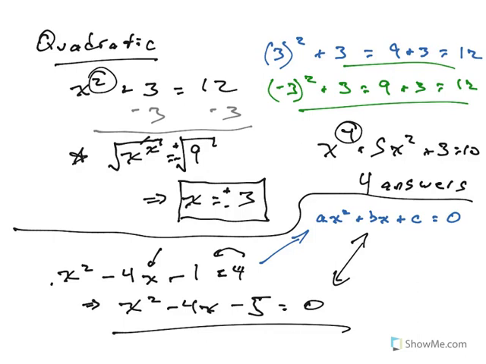Now, there are two ways to be able to solve a quadratic equation in standard form. At least there's two ways you learn in a math class, in algebra. The first way is to try to factor into two binomials, something like this, if you remember.